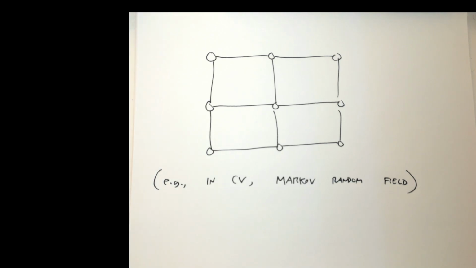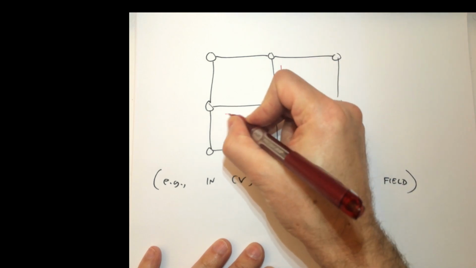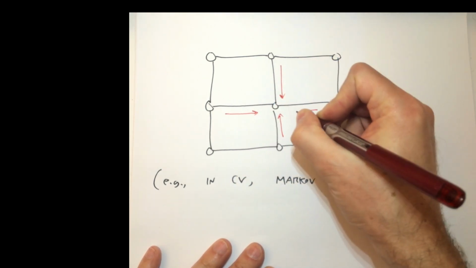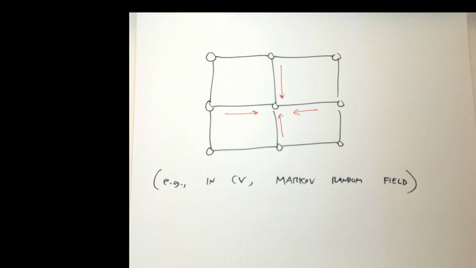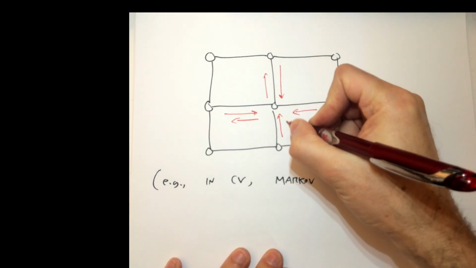I know my PDF is coupled to all the PDFs of the nodes around me, so I design what's called a message passing algorithm, where I solicit input from all of my neighbors to say, hey, what do you think my PDF should be? All my local neighbors pass some estimates over to me. I combine them with my own local estimate, and then I have an updated estimate. Now I'm going to tell you what I think your PDFs should be.